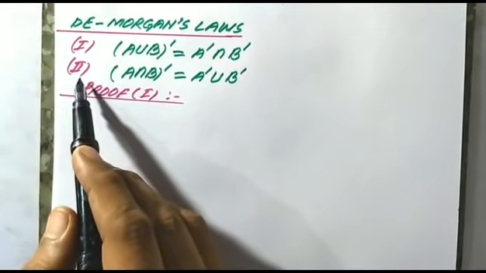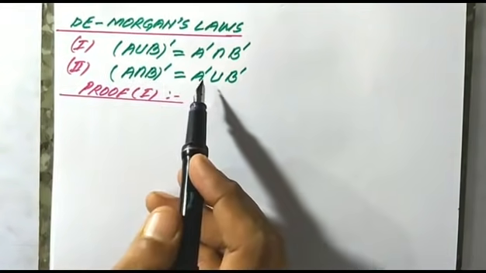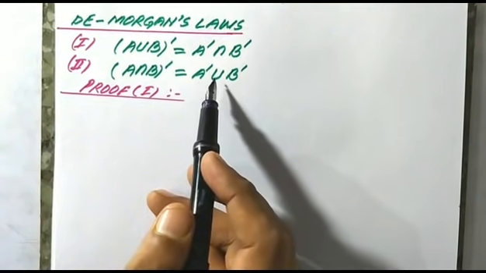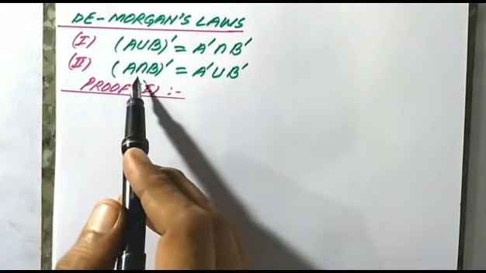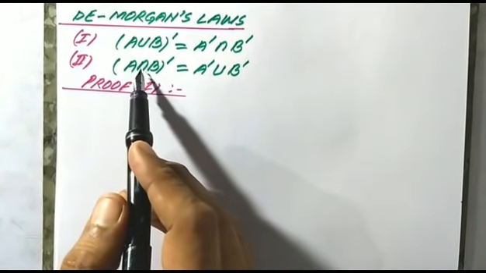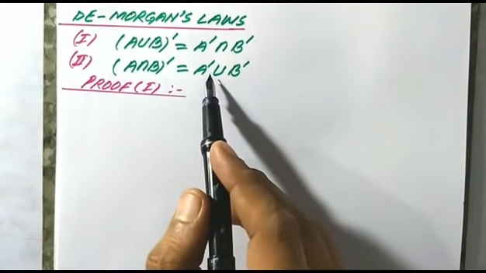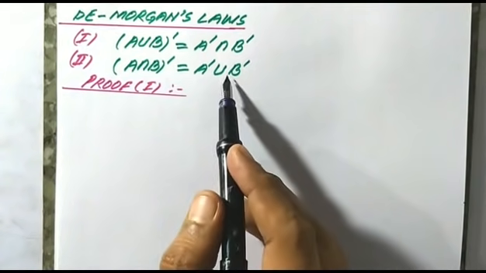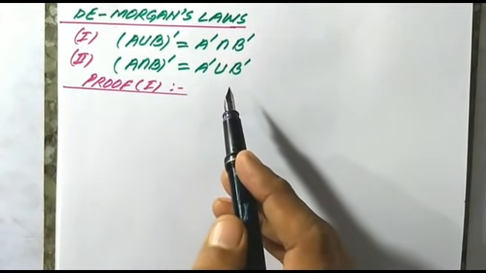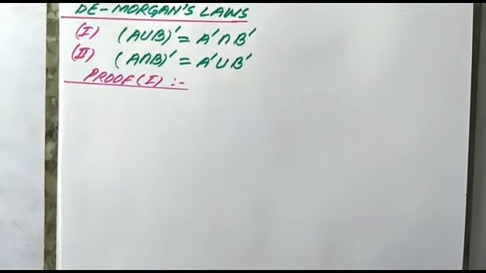And the second one is parenthesis A intersection B complement is equal to A complement union B complement. Again, if inside the bracket there is an intersection operation whose complement we have to take, that is equal to the union of the individual complements of the sets. So these are called De Morgan's laws, and we are going to prove the first De Morgan law.